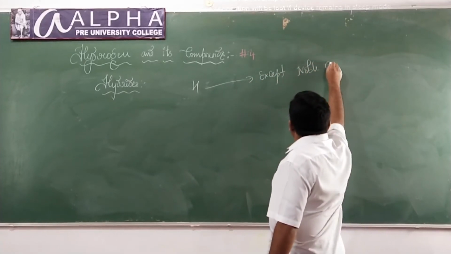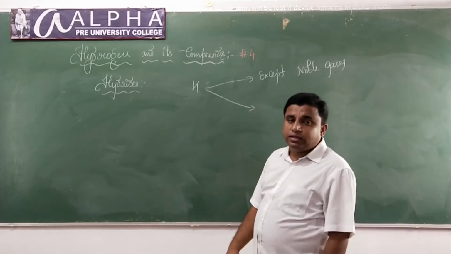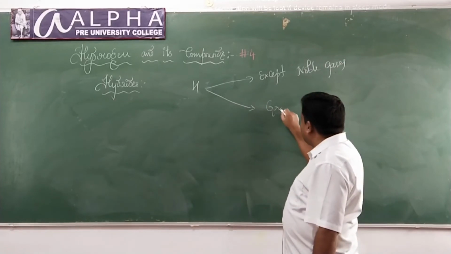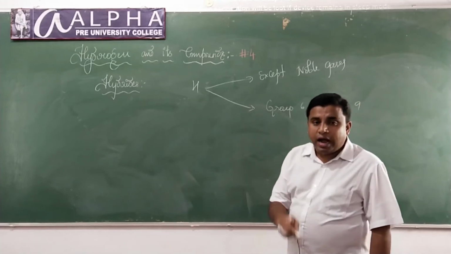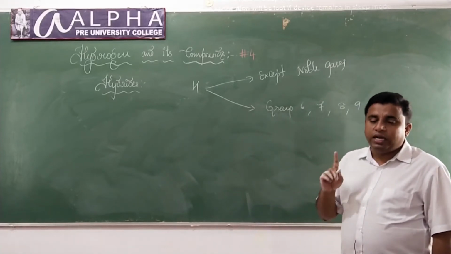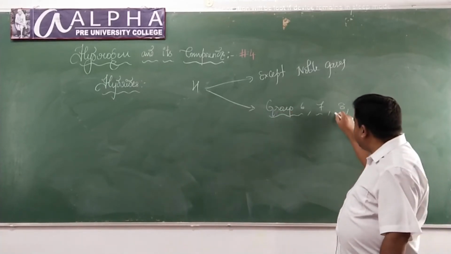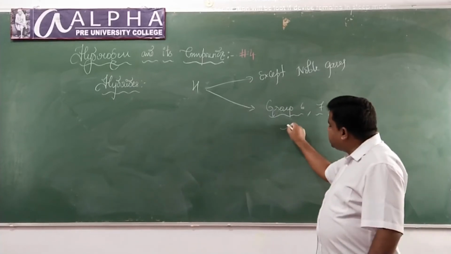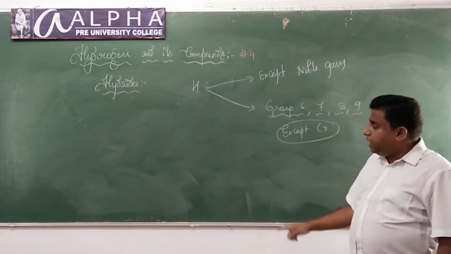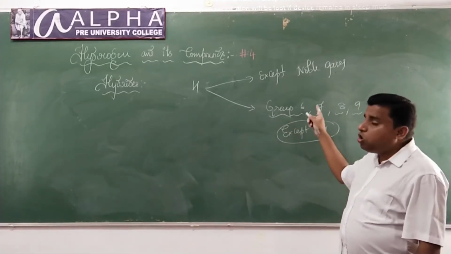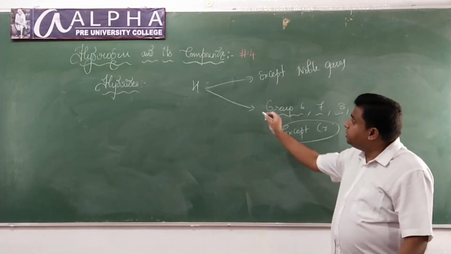Hydrogen does not combine with the elements of groups 6, 7, 8, 9, except chromium. Chromium is in group 6. Except chromium, it does not combine with any other elements of groups 6, 7, 8 and 9, and also hydrogen does not react with noble gases.